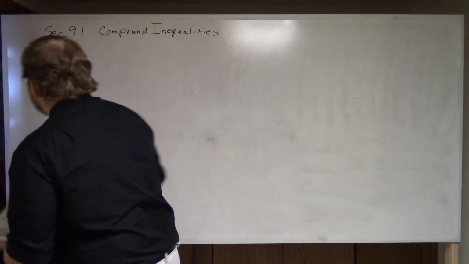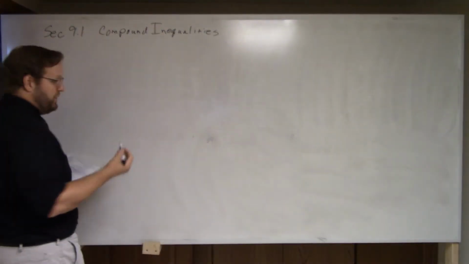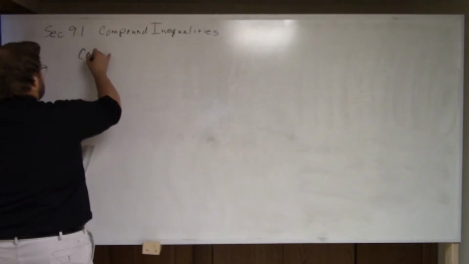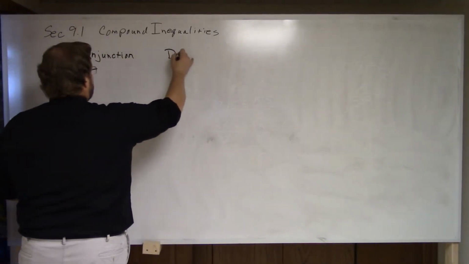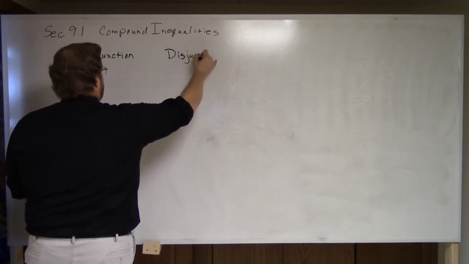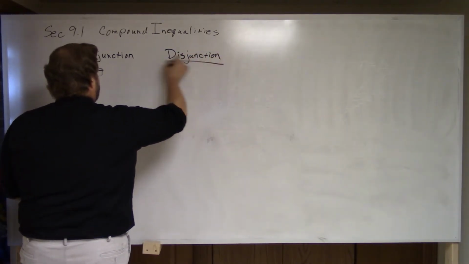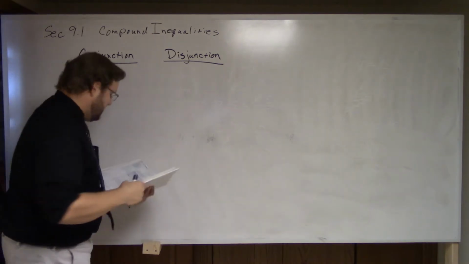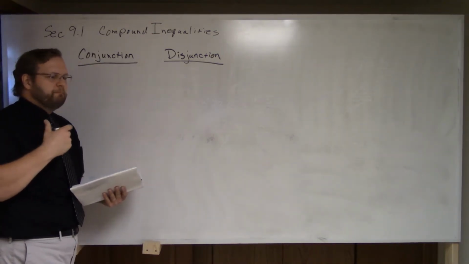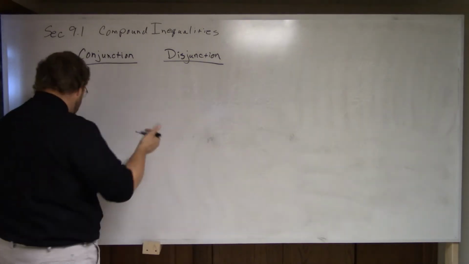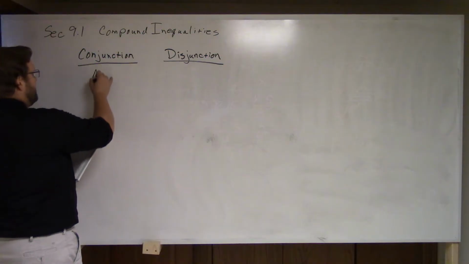Okay, so the two words that we're going to be working with a lot are conjunction and disjunction. Okay, now a conjunction can be thought of and expressed in many different ways. We could think of it as an and statement.